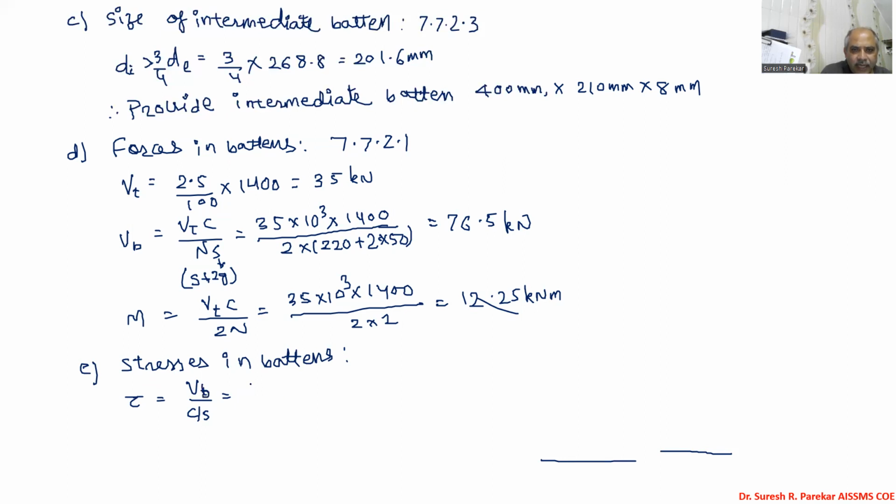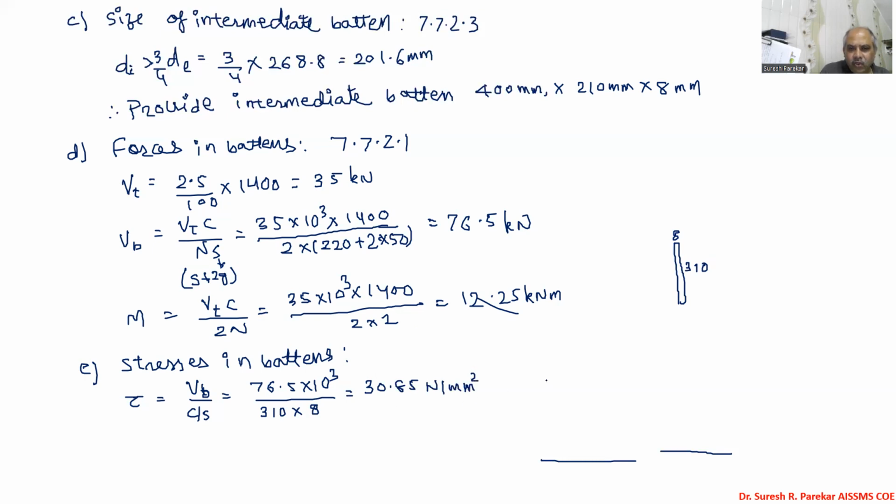VB we have calculated 76.5 into 10 raised to 3, and for the end battens we have depth 310 multiplied by thickness 8. This is the cross section of the batten. And we will get this value, 30.85 Newton per mm square.